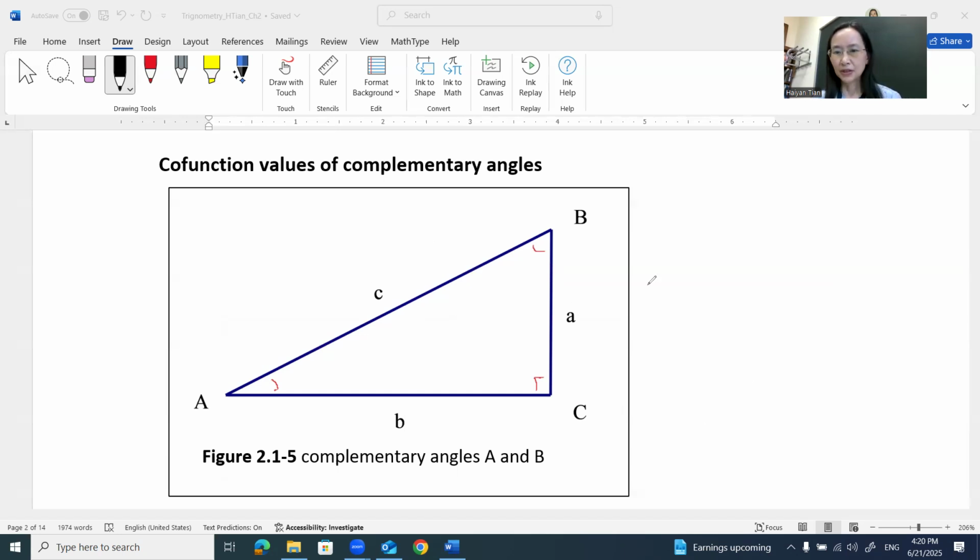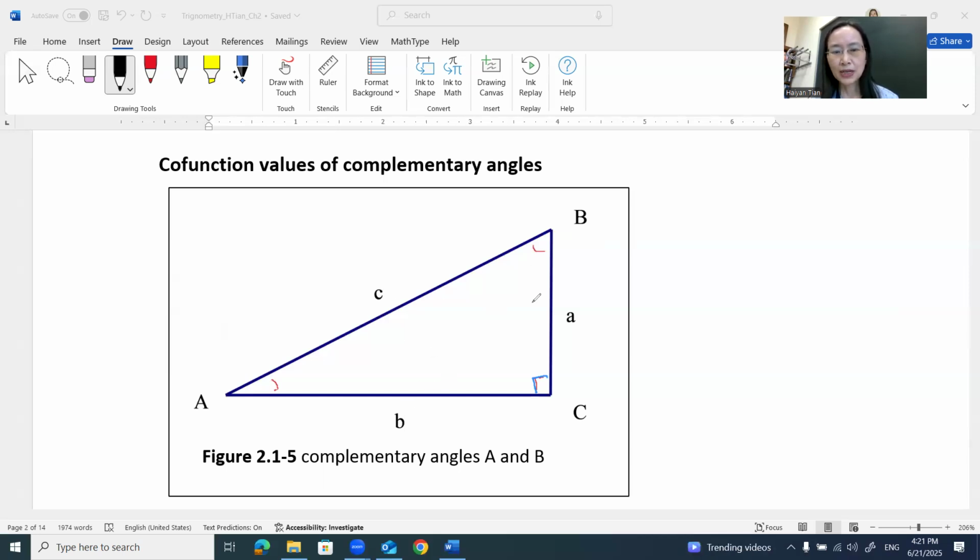And just a quick view, because this is just a general case, right? A general case means it's a right triangle, and A and B are just two acute angles in a right triangle. So ABC in capital letters denote vertices of the right triangle.